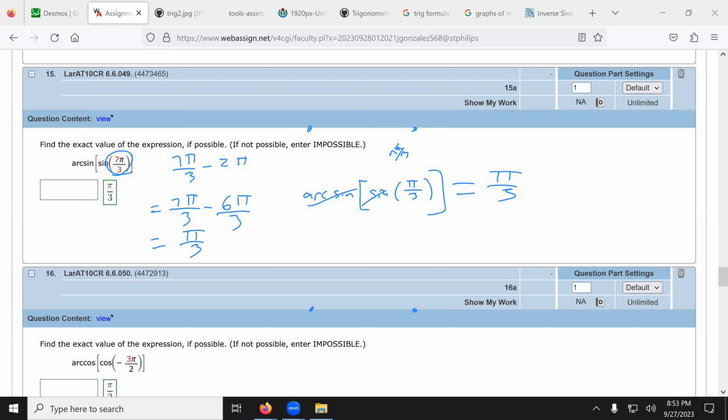Any questions on 15? 16 is the same thing. All right. So let me know if it's not making any sense.